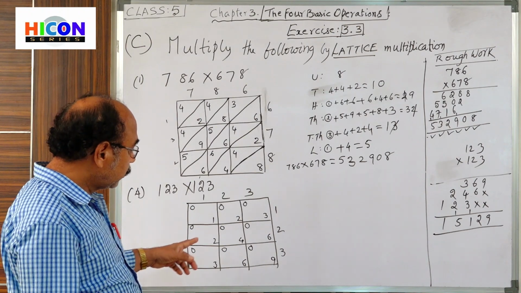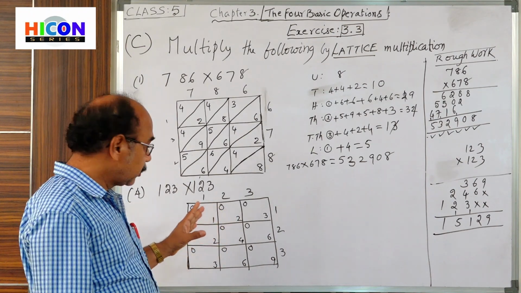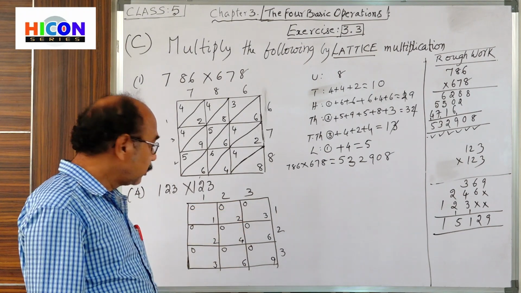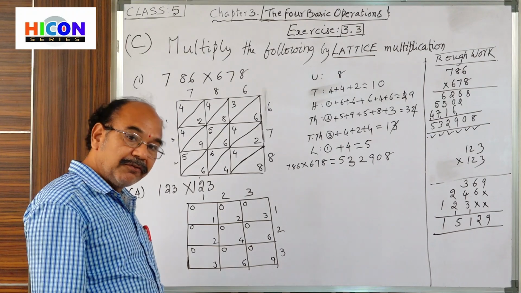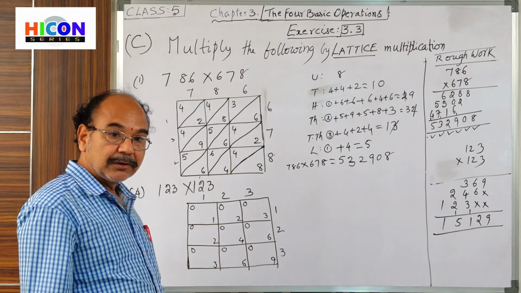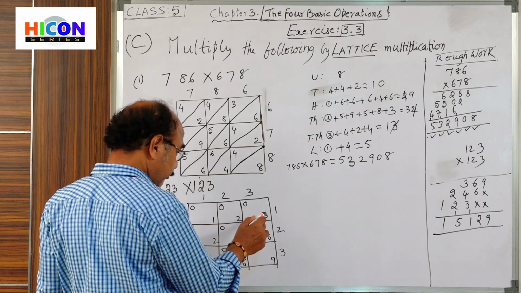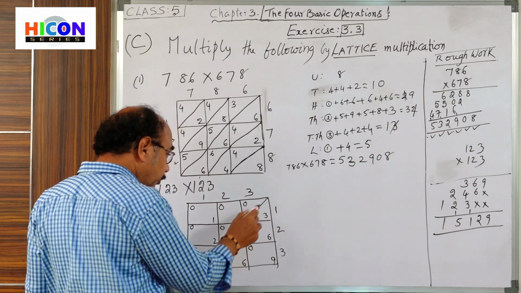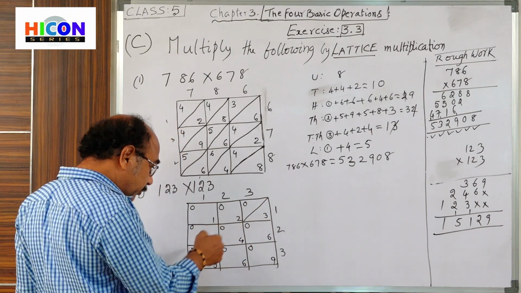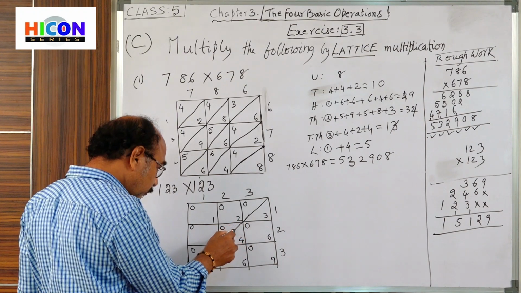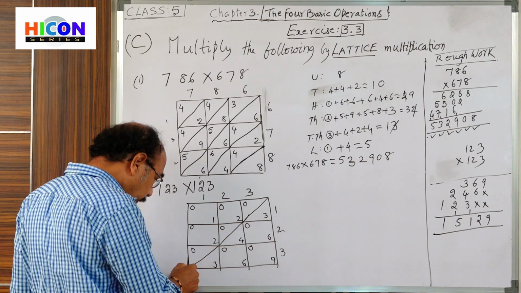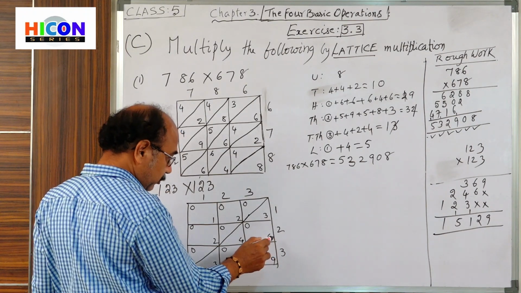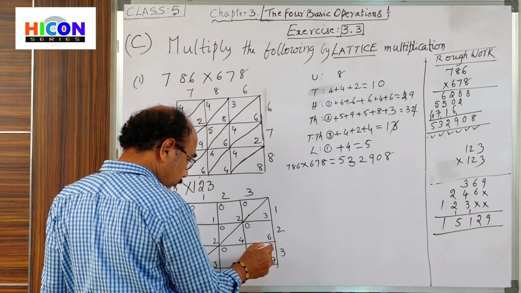Now, inside this square box, in each and every box, draw the diagonal. You can extend the diagonal like this. Here also, see, in every box we draw a diagonal.